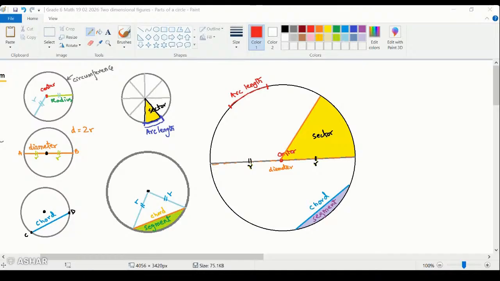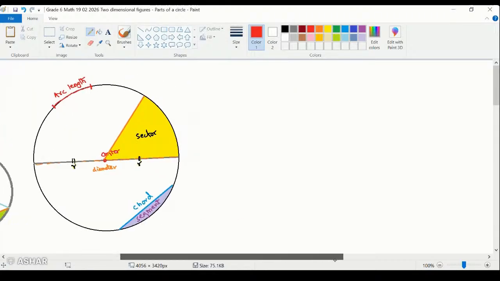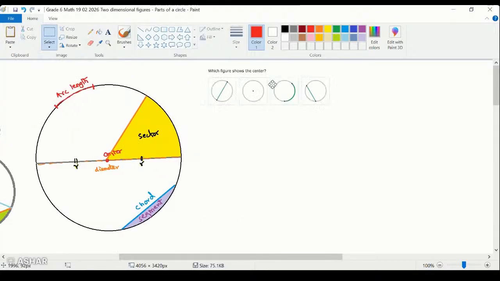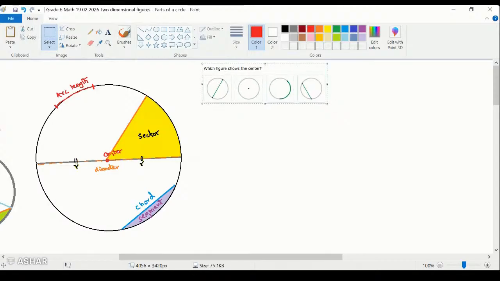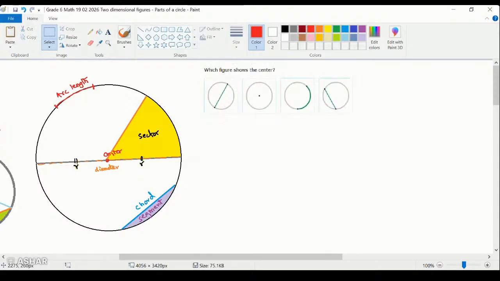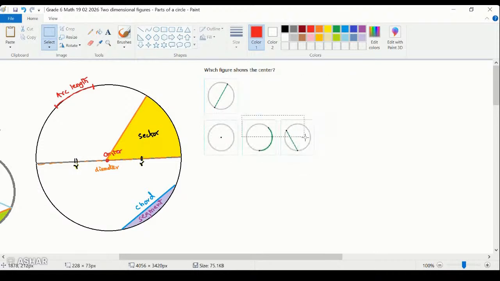I think it's very simple. The first question says, which figure shows the center of the circle? If these are the four options given to us, they're asking which figure would be the center of the circle.